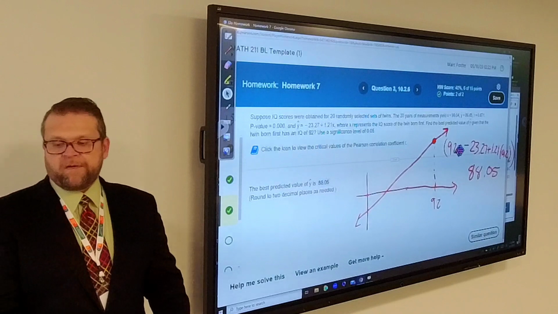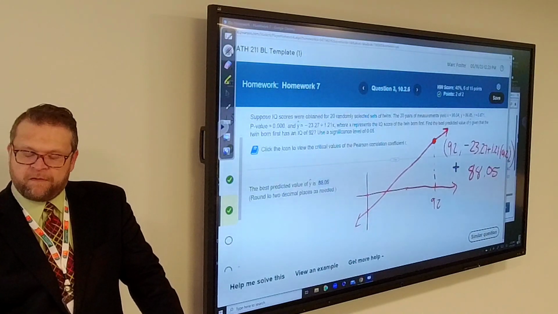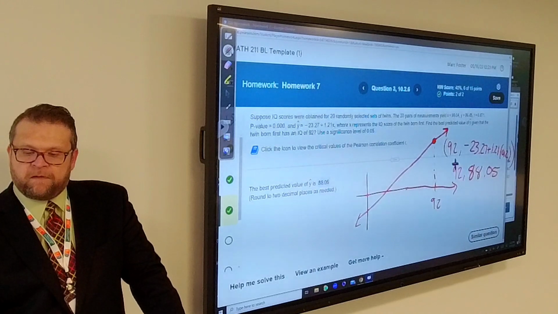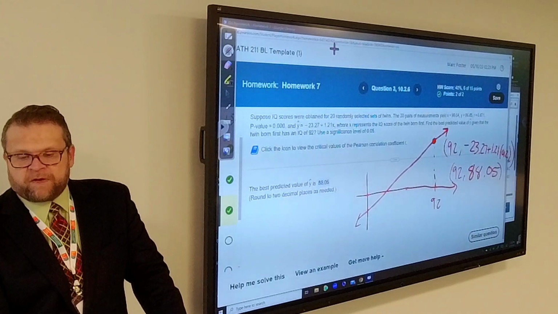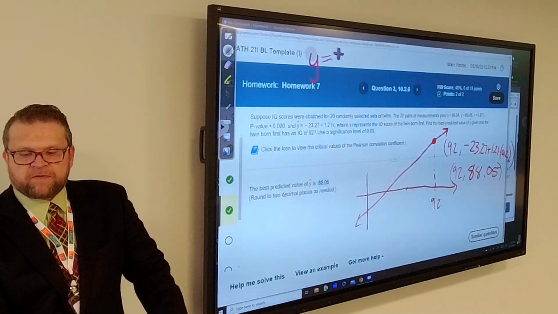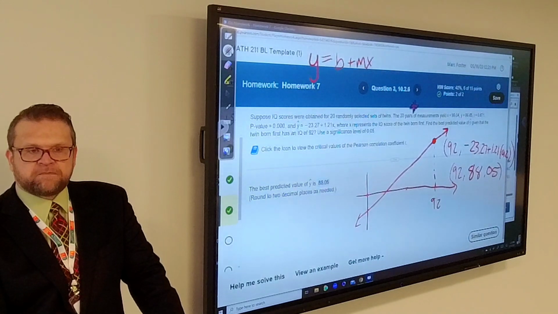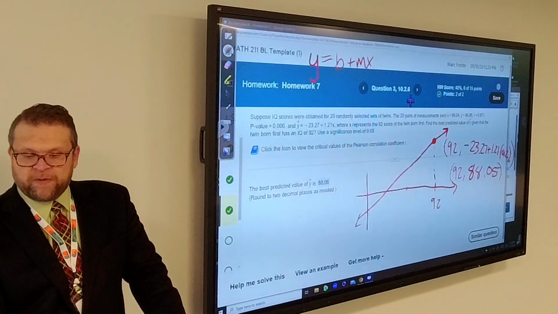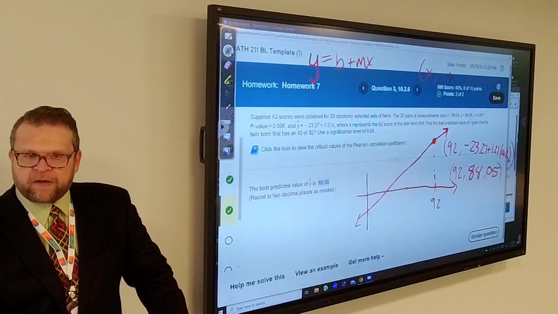Can you repeat what you did right there with the 92? What did you do to get 88? If I have a line, the equation of my line, let's say, is y equals b plus mx. Points on the line have the ordered pair x comma y, right?